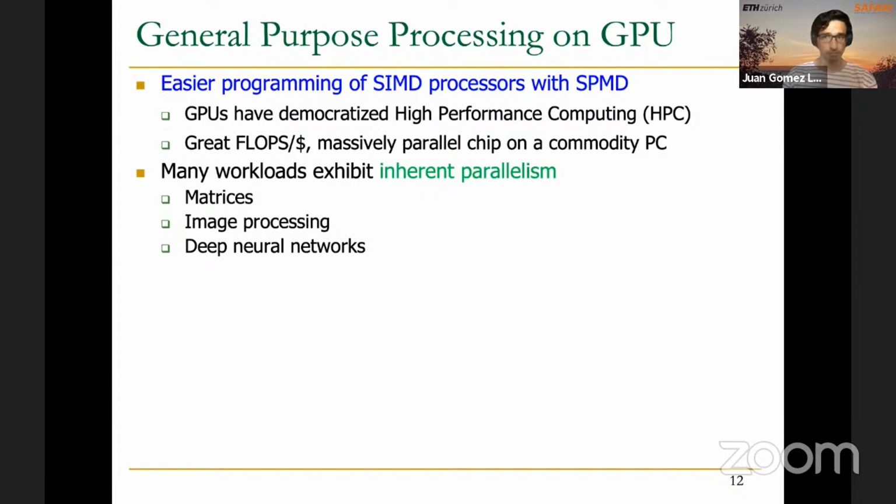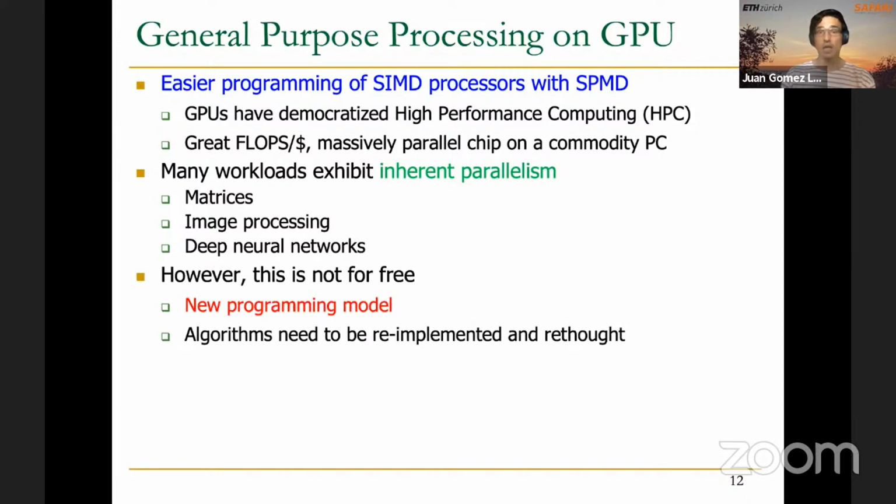Examples are linear algebra computations, where we use, for example, matrices, or image processing, because images, as you know, typically are composed of hundreds, thousands, or millions of pixels, or more recently, deep neural networks and other machine learning workloads.